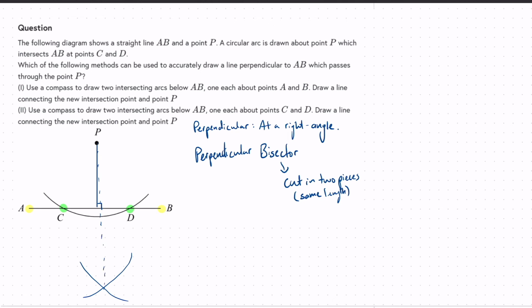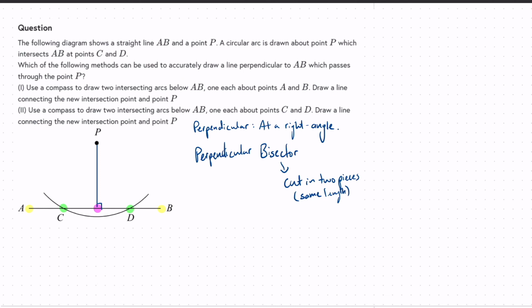Now this would be perfect if it was the case that A and B were equally as far from this point here. I don't know that that's true, and you have no reason to think it's true. But C and D, right, you have all the reason in the world to think it's true.